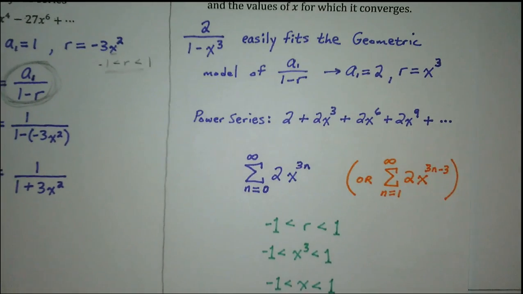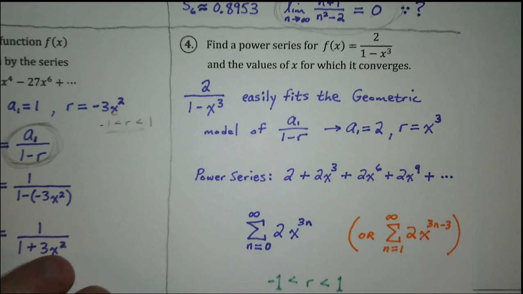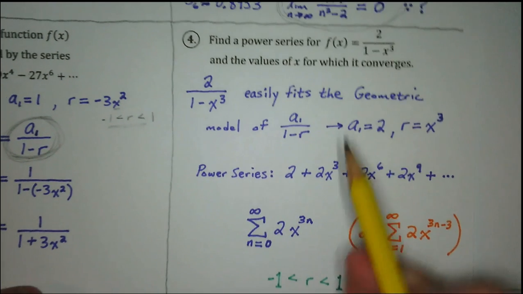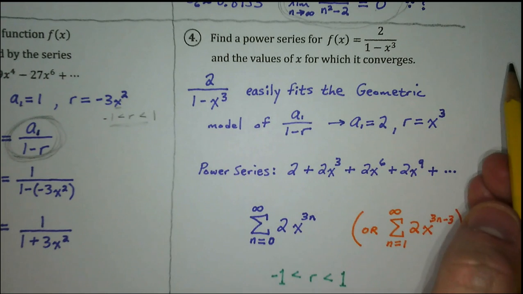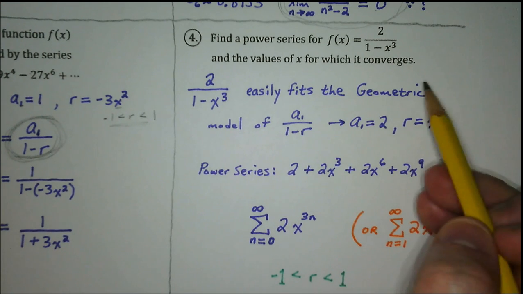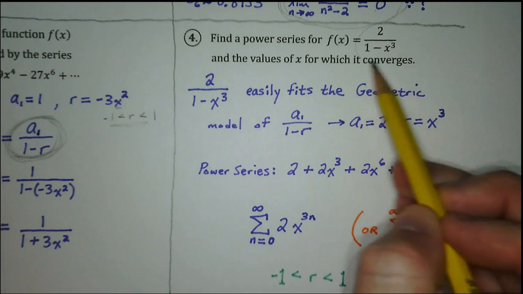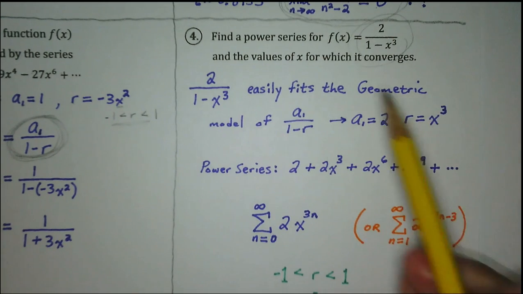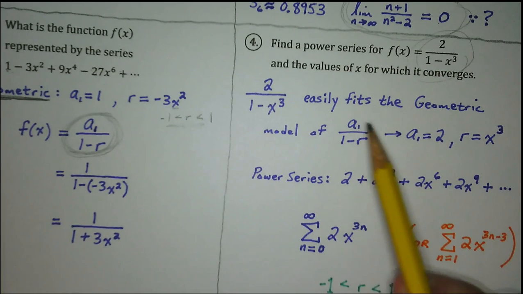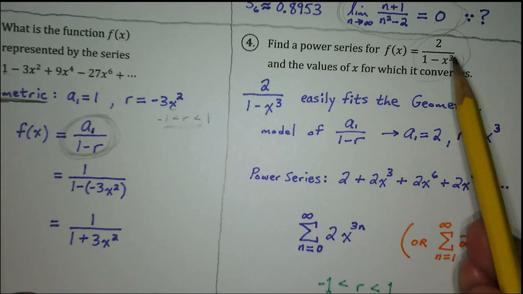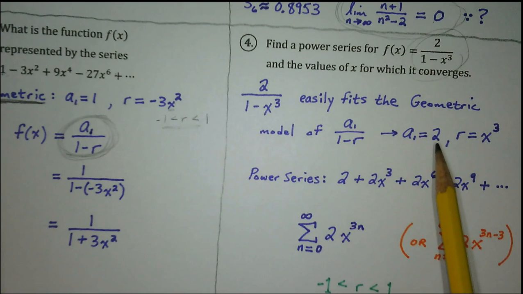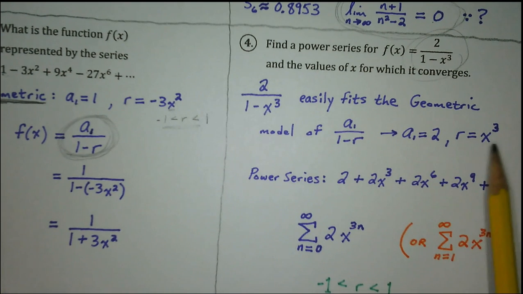But number 4, find a power series for this function. Well, once again, most of your go-tos right now are geometric, and this totally fits that geometric model. So you look at this and go, oh, I can think of my a1, my first term, as 2, and my r as x cubed.